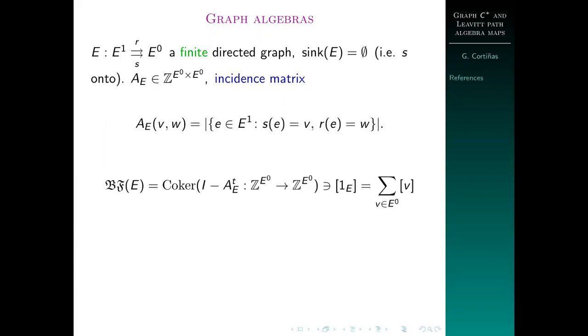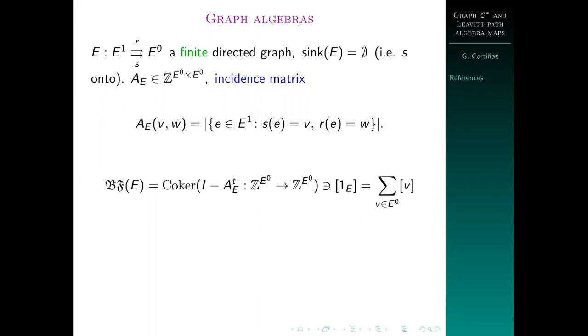I will also be considering what I will call the Bowen-Franks group, which is the co-kernel of the identity minus the transpose of the incidence matrix, regarded as a map from the free abelian group on the vertices of E to itself.